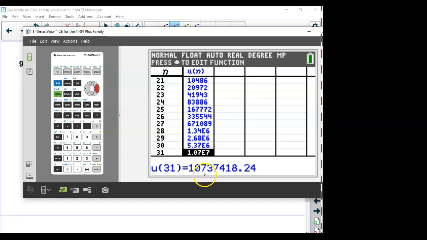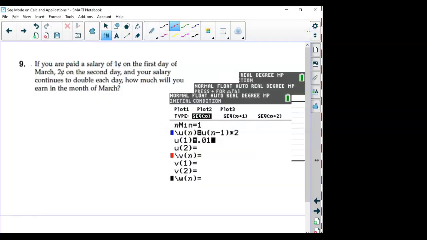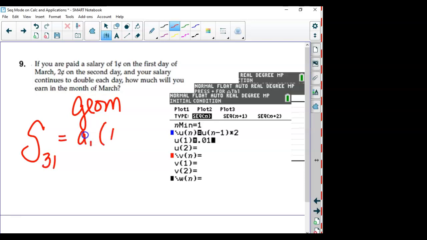Okay? Now, if we want the total that you make, what kind of a sequence is this? It's geometric. What is the geometric sum formula? Does anybody remember? That's the one we just learned yesterday. The sum of 31 days. It looks like this. Does that sound familiar?